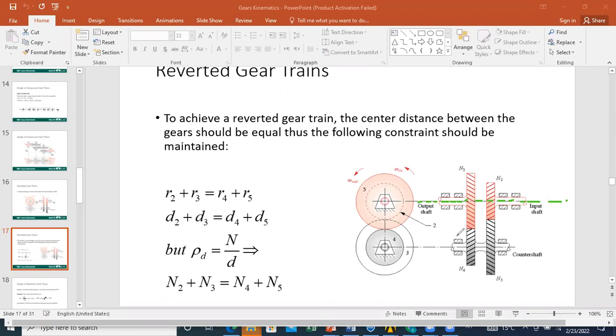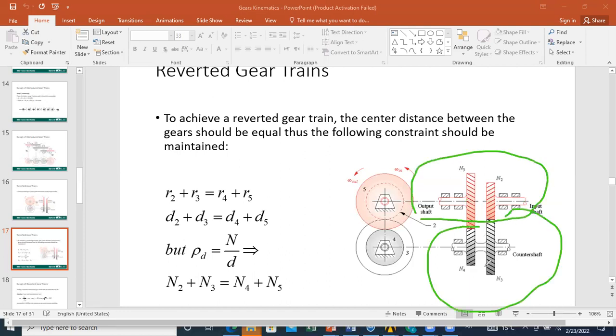We can say that they share the same direction of axis. So the 2 axes of input and output shafts are collinear, but they should not be welded together, because if they are welded together, you are forcing 5 and 2 to rotate at the same angular velocity. So there is a difference between these 2 and these 2 here.